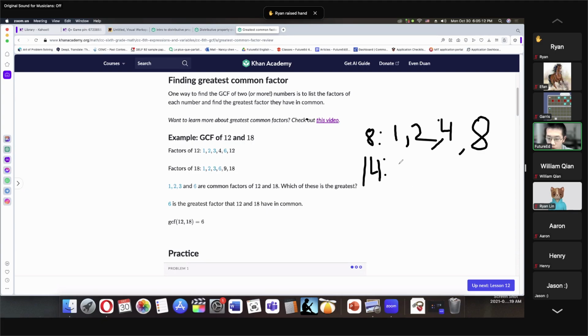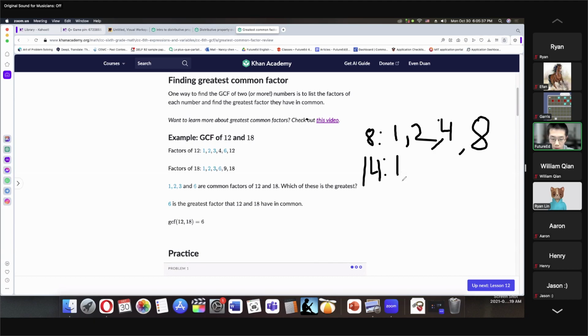Perfect. Someone other than Ryan and Jason. Ryan Lin, would you like to try to find the factors of 14, please? Ryan Lin. So what numbers divide 14? You can start with 1, right?